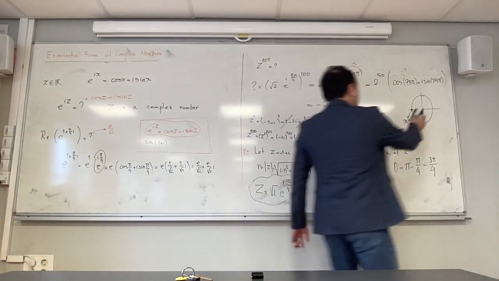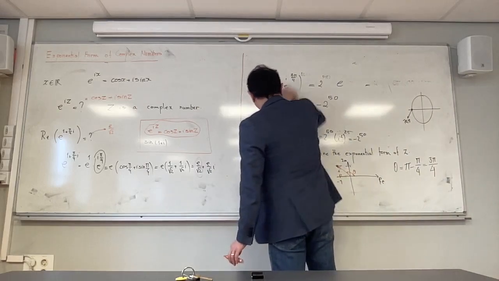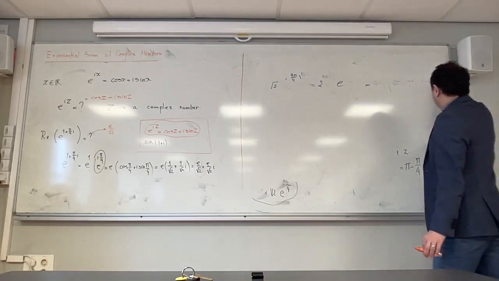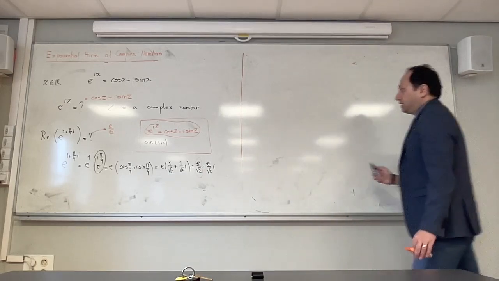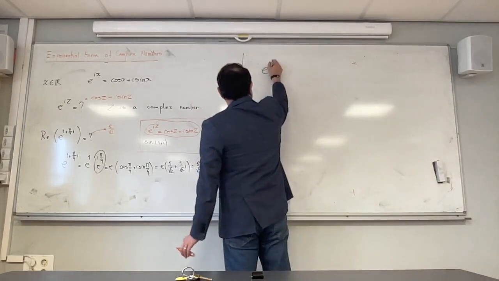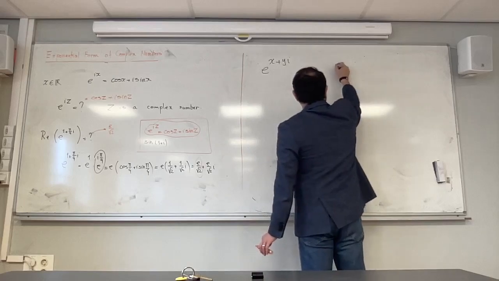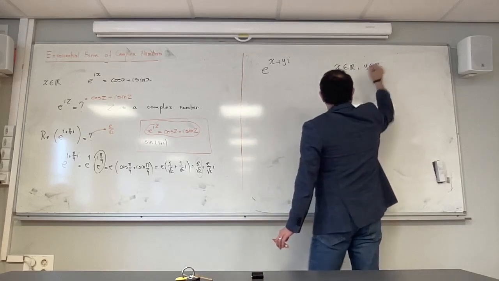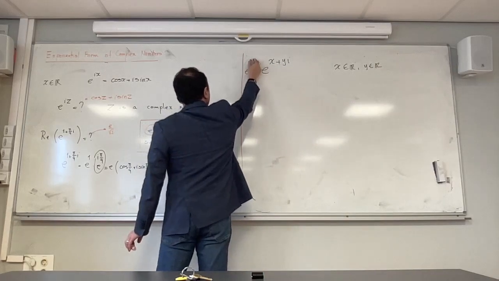But before doing that, I want you to answer this question. If I give you e to the power x plus yi, and I say x is real, y is also real, so I am answering e to the power z.